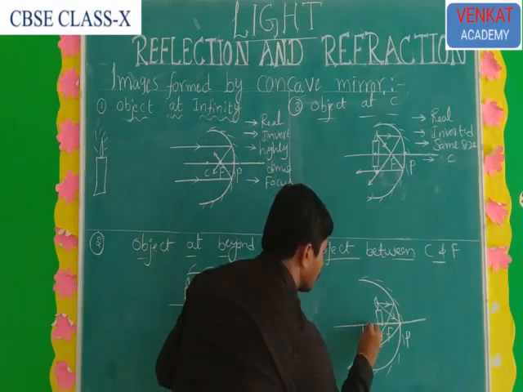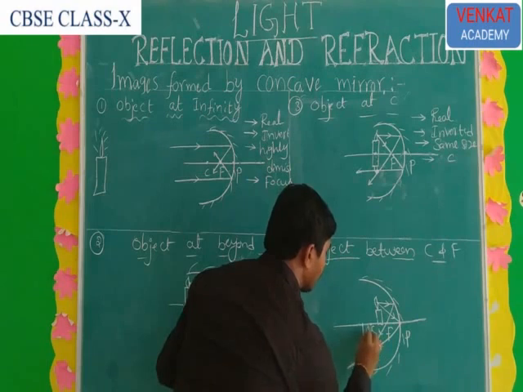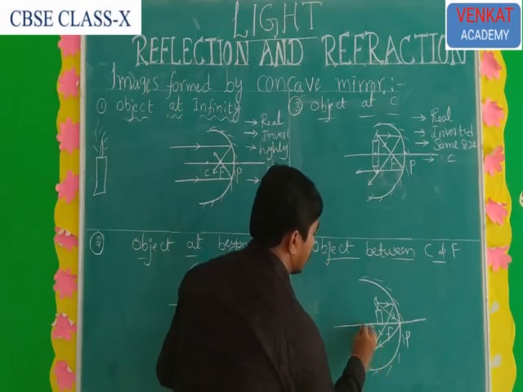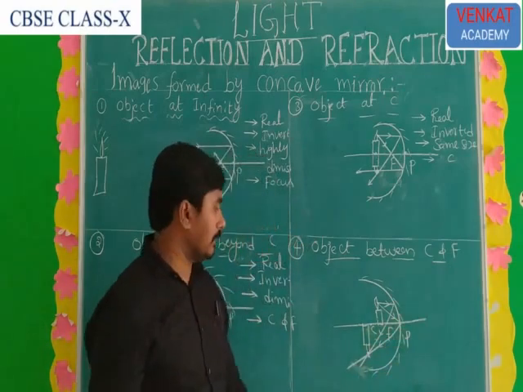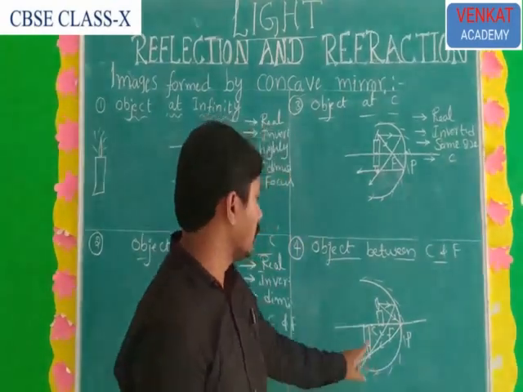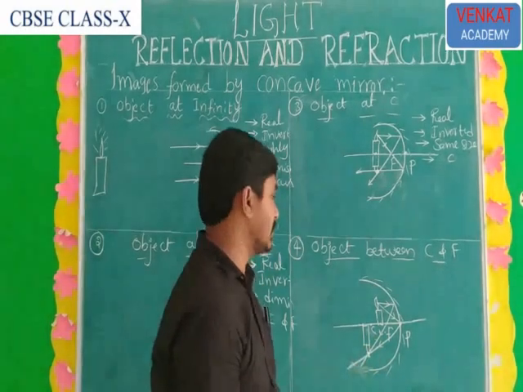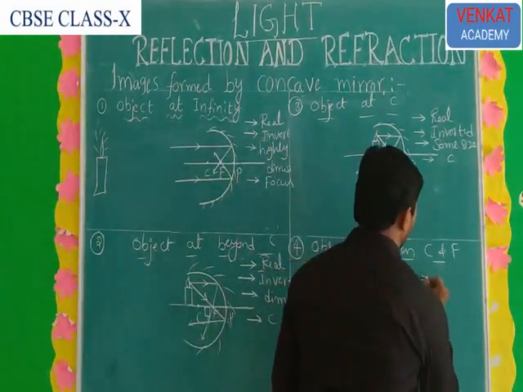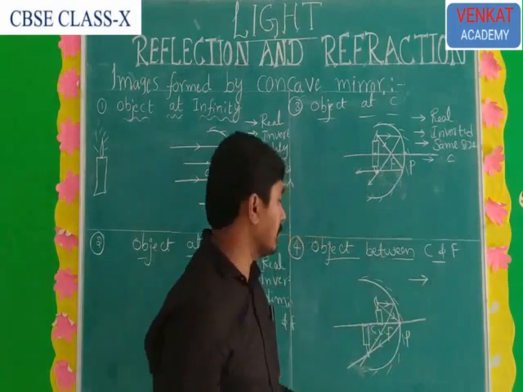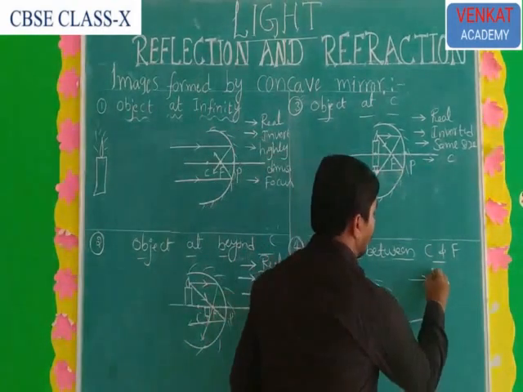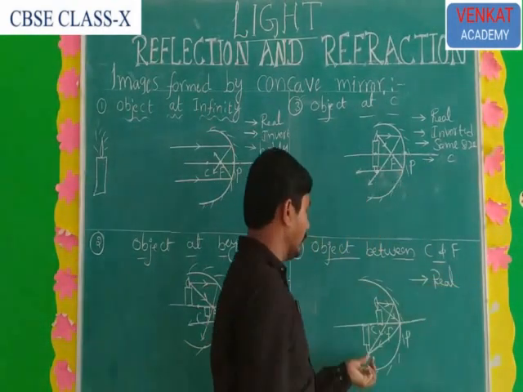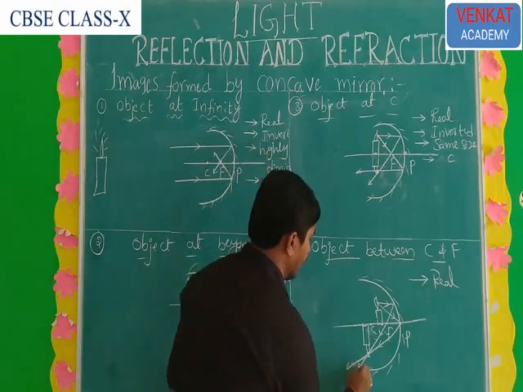So at this place the image is formed. Okay. So what do you observe here? The object is between C and F, and the image is formed behind C, means beyond C. The image must be real. Why is it real? Because the two reflected rays meet directly.